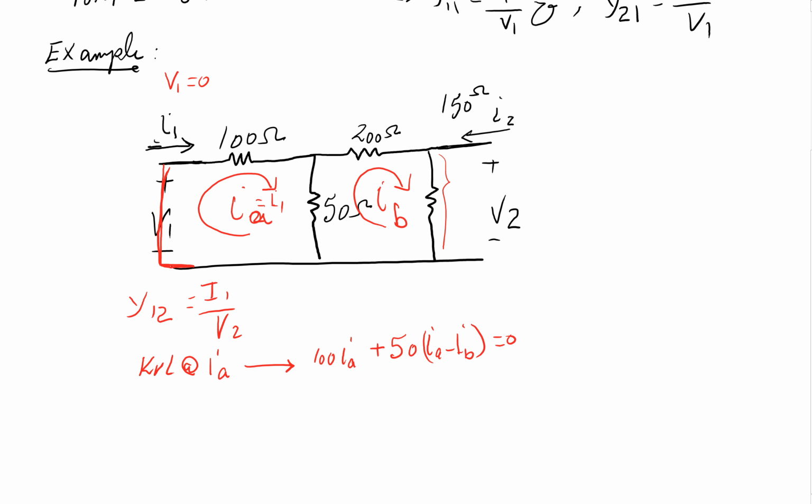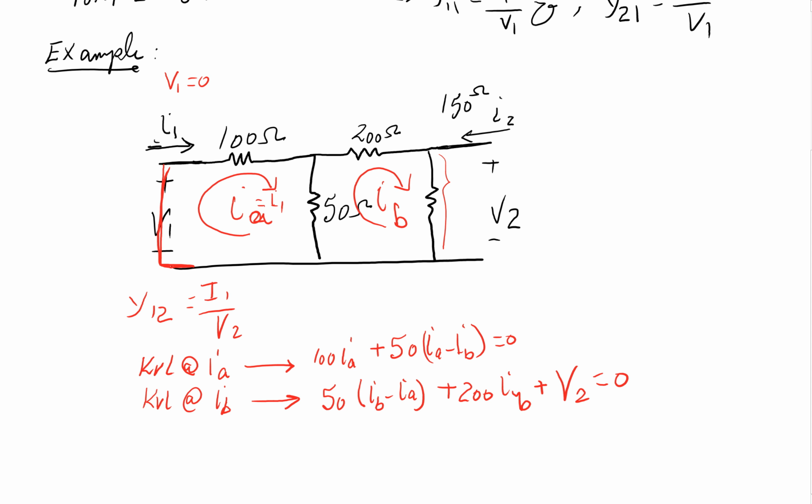The next equation: let's do a KVL at the IB loop. If I do that one, I'm going to get 50 times IB minus IA, plus 200 IB, plus, just the last one, plus V2.